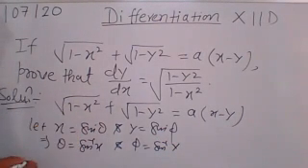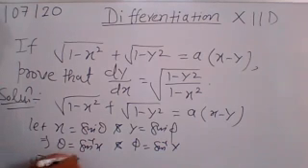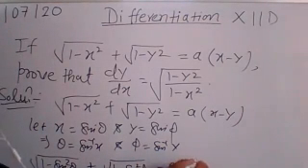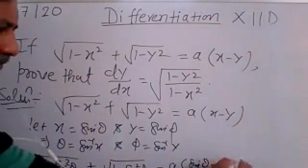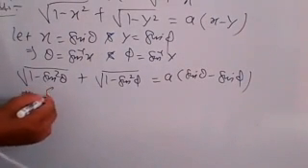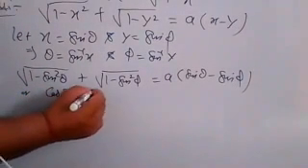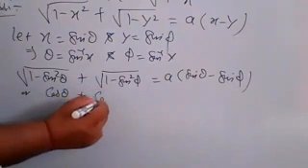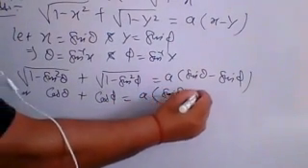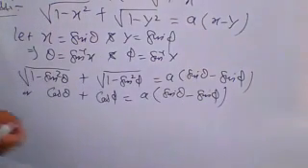Now using these in the given equation, you have √(1 − sin²θ) + √(1 − sin²φ) = a(sin θ − sin φ). Simplifying, you can write cos θ + cos φ = a(sin θ − sin φ).